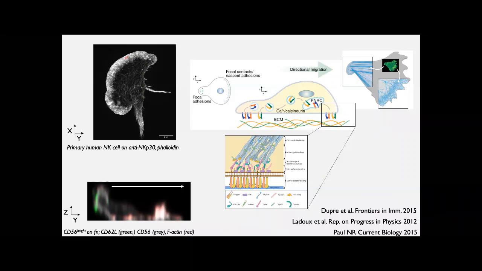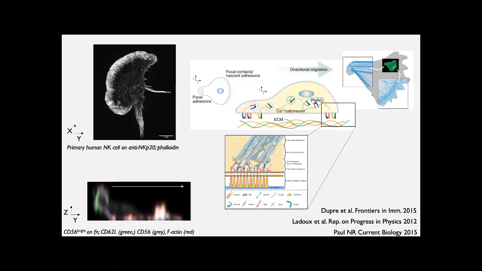And so we can see this beautiful branched actin network as the lamellipodia. We see additional cortical actin, which is less dense, but still branched within the cell body. And then we see the trailing uropod. And so, of course, this is a process that's heavily dependent on actin remodeling. For the formation of this lamellipodia, we can see that it's branched actin networks that are formed by ARP2/3 and other actin regulators.